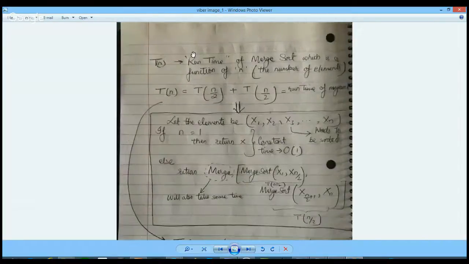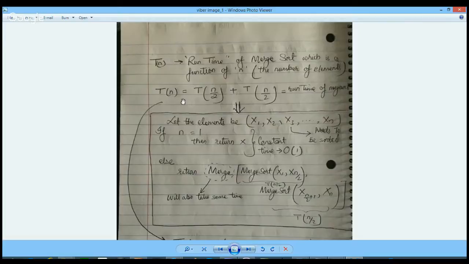So let T(n) be the function of n, which denotes the total runtime for the MergeSort, and here n is the number of elements.